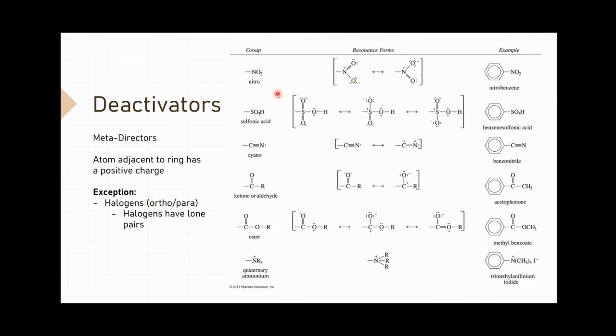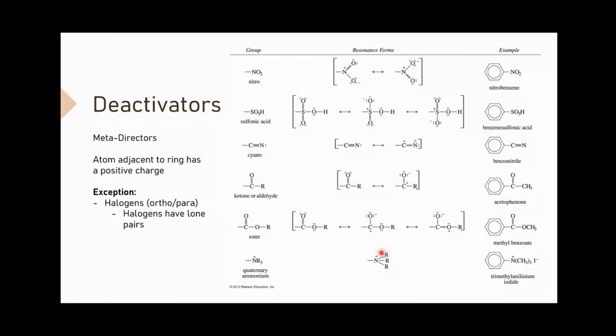If you don't know if it's a deactivator or not, look at the central atom. If it's positive or if it doesn't have lone pairs, typically it's going to be a deactivator. Like for this nitro group NO2, this is what it looks like. Notice how the central atom is positive. Sulfonic acid, if I resonate it, I'm going to have a positive charge on the central atom.